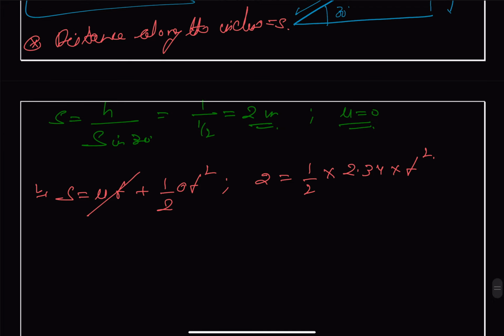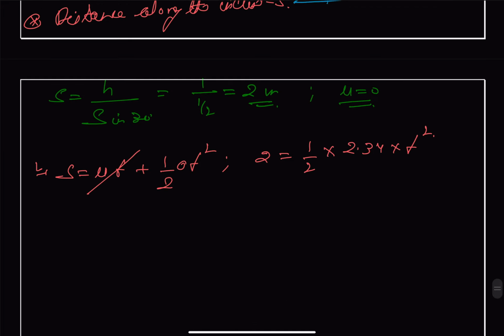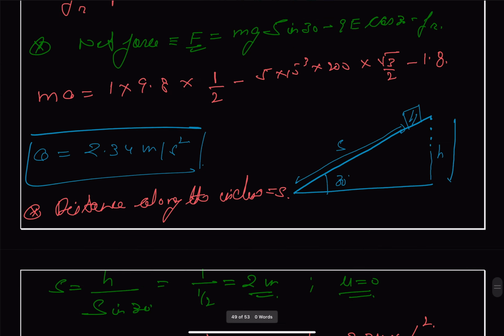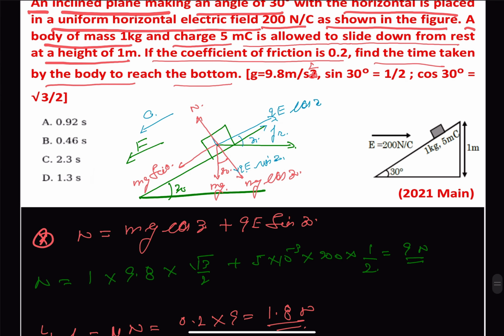So we get t square will be equal to 4 divided by 2.34. So t will be equal to the square root of 2 divided by 2.34, which gives us t approximately 1.3 seconds. Time taken is 1.3 seconds.